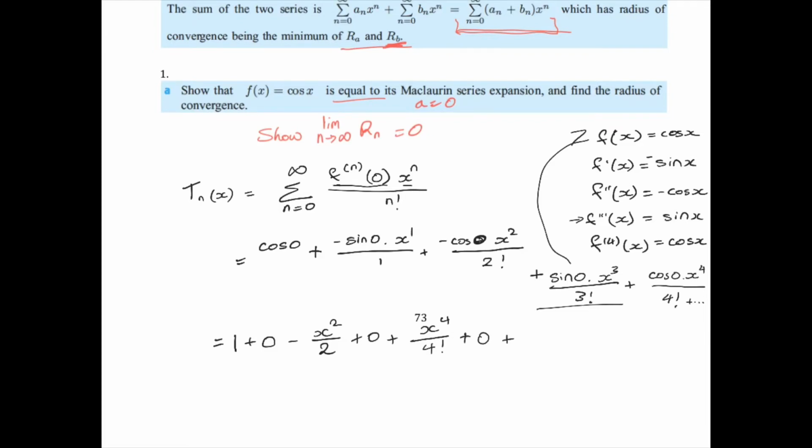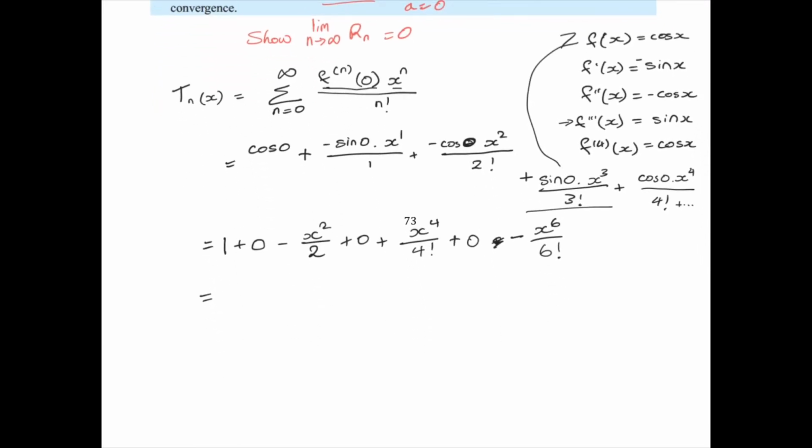What's the next term after that going to be? Minus, yes, you're right. Okay, do you see a pattern? So, we've got 1 minus x squared over technically 2 factorial plus x to the 4 over 4 factorial minus x to the 6 over 6 factorial.